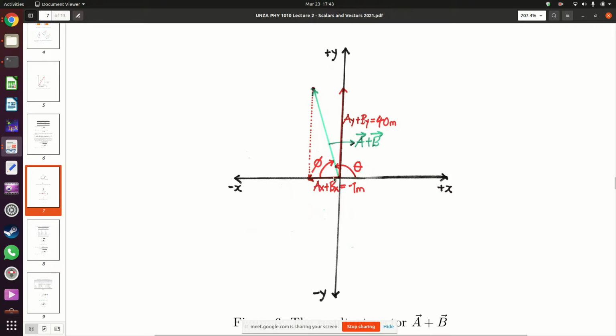Ax plus bx, down here, is negative, so down along this line, that's negative 1 meters. Then along the y-axis, ay plus by, you have 40 meters.